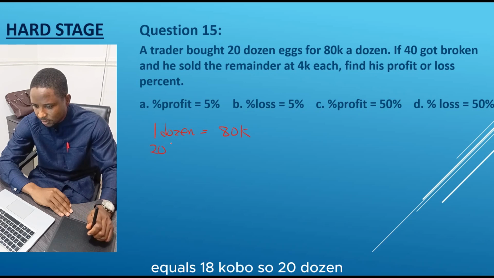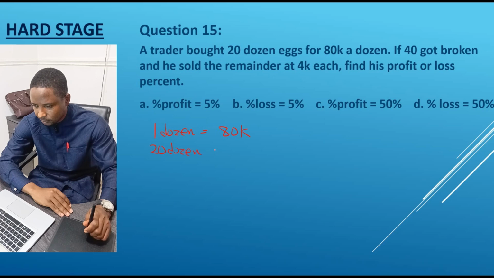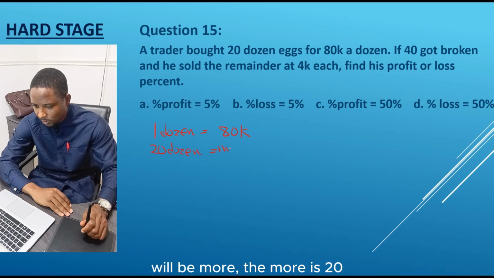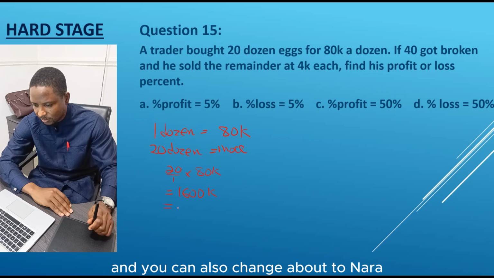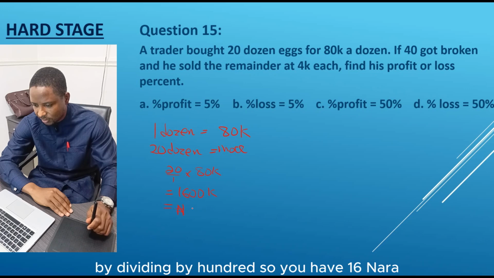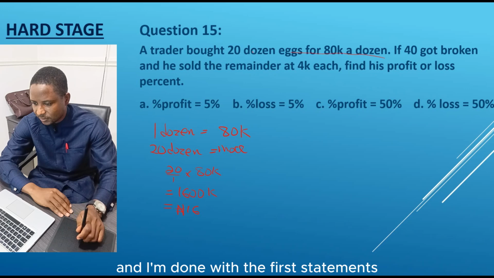So 20 dozen will be more, and as the more is 20, the less is 1 times 80 kobo. 2 times 8, you have 16. Add a 0, and you can also change it back to naira by dividing by 100. So you have 16 naira. And I'm done with the first statement.